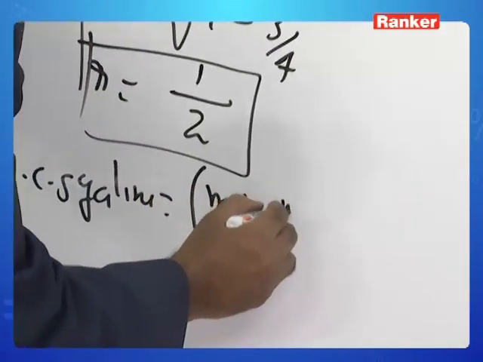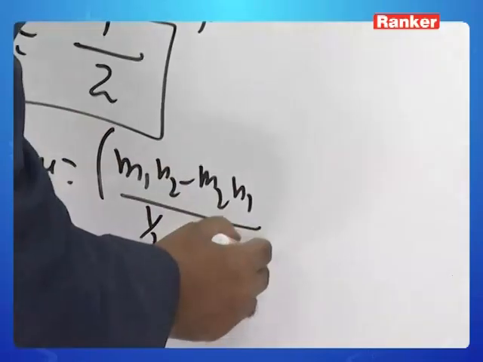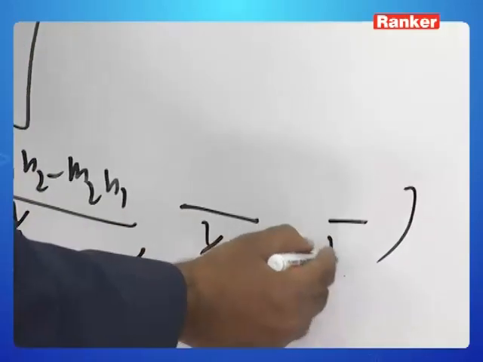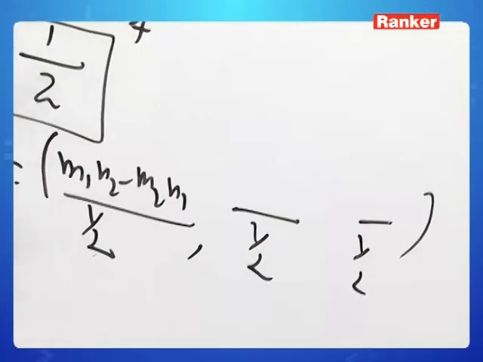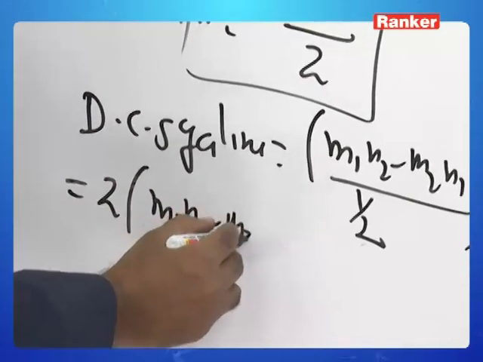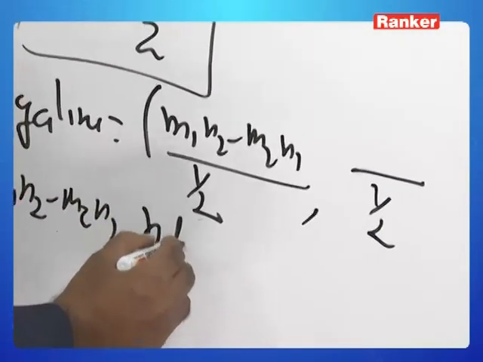So the DCs of the line are (m1 n2 minus m2 n1) by 1 by 2, and similarly here also 1 by 2, here also 1 by 2.